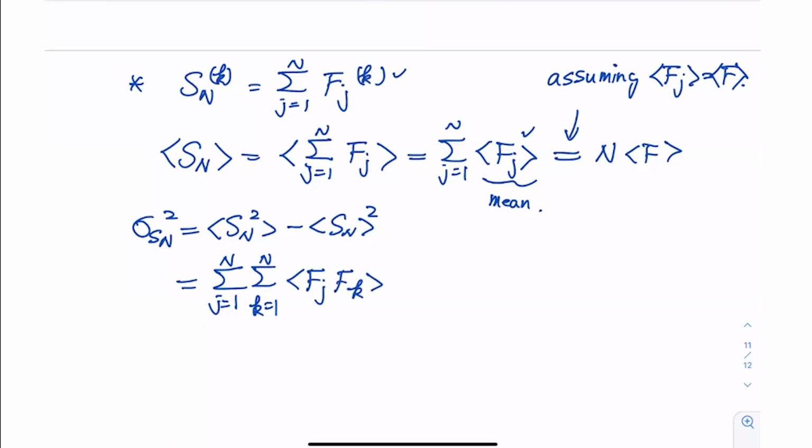Here I just expand these squares and express the square of the mean, in the most general sense.